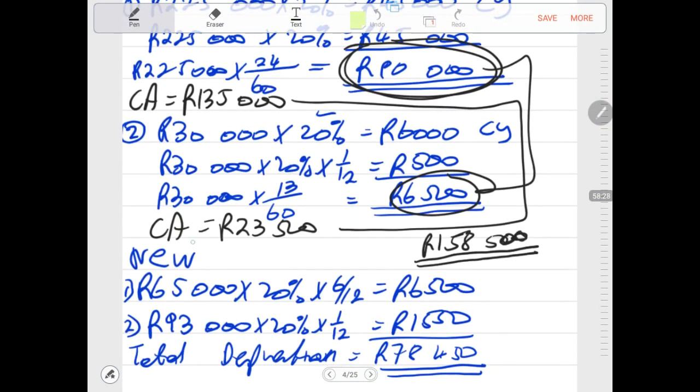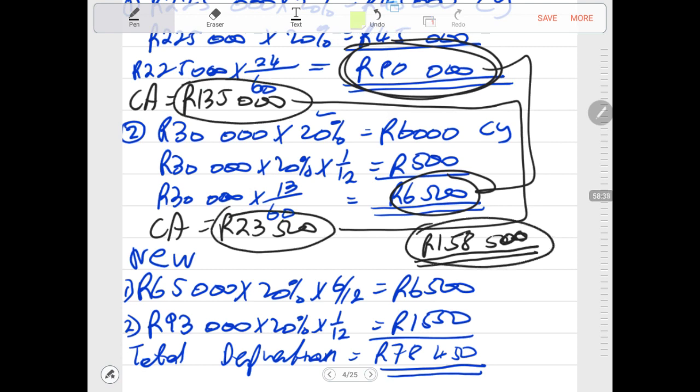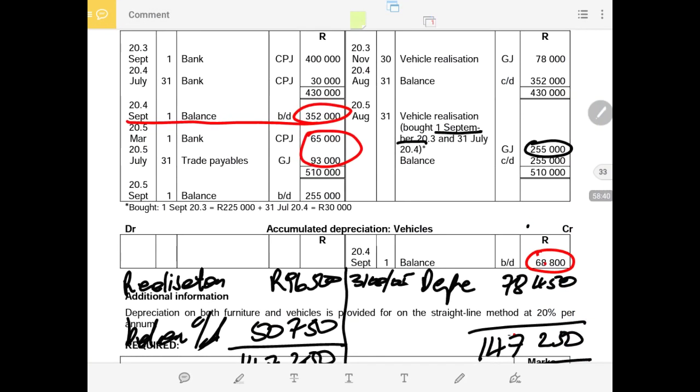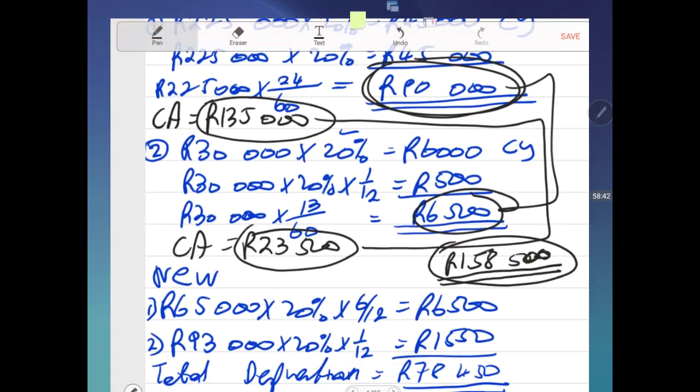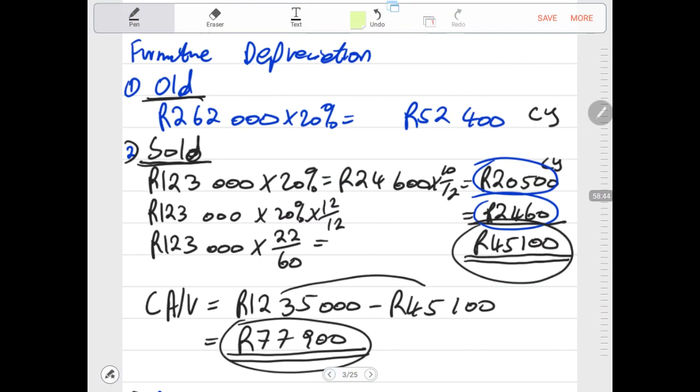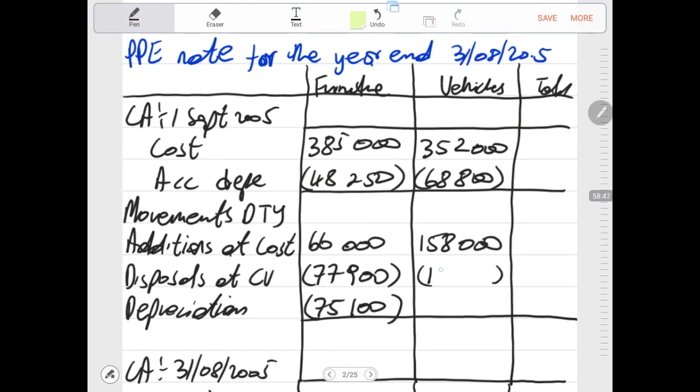There was a carrying value of 23,500, another 135,000. The sum of the two was 158,500. 158,500 is all that I want. I write the 158,500. This is the total carrying amount.